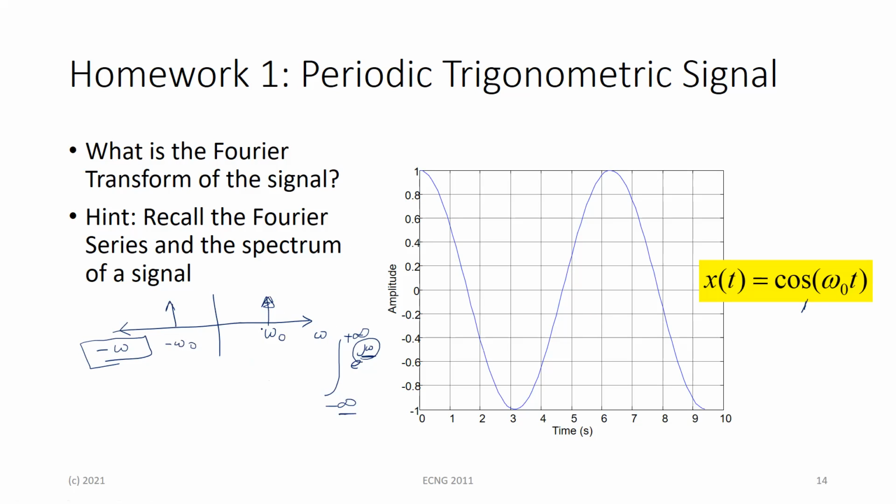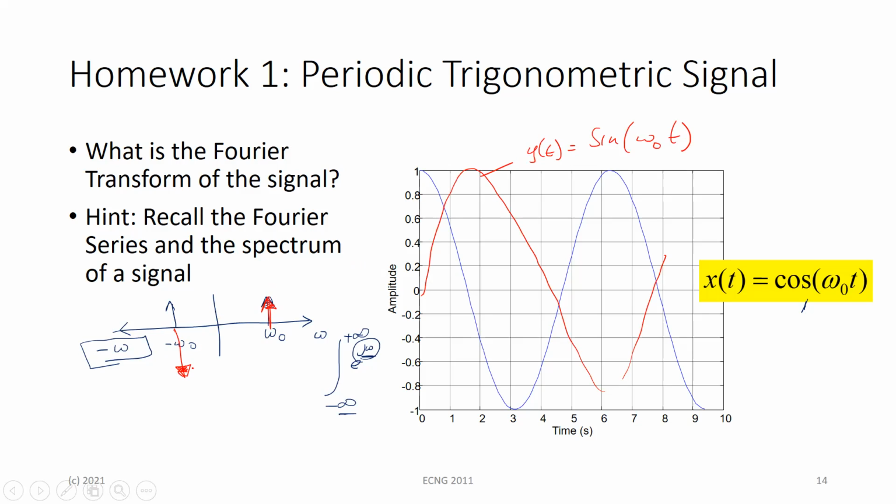And the sinusoid, if instead I'd given you sine omega naught t, it would have been this sort of behavior here. I've drawn it a little scrappy. So if y(t) was equal to sine omega naught t, then in the spectrum you're going to have a signal at omega naught, but for the sinusoid you're going to have the other impulse going the opposite way, a negative impulse.